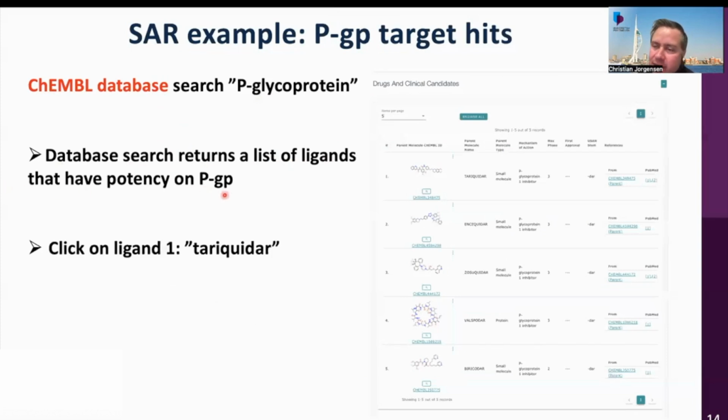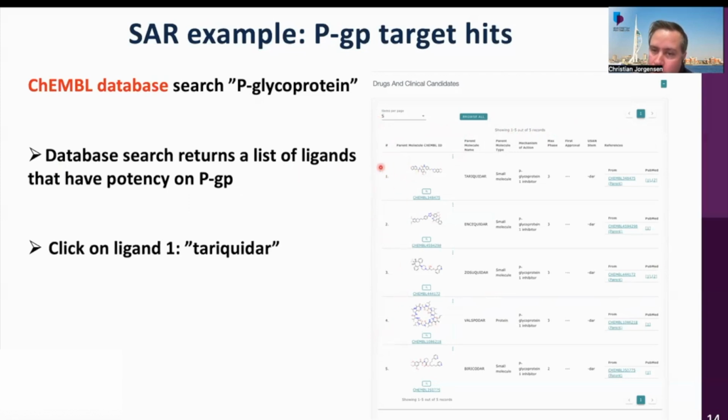the database search returns a list of ligands that have potency in PGP. And we haven't looked at the ligands yet. And so let's first look at this page. So you can see here we have a certain number of records. We can increase how many records there are, but it's going to give us the ligands by potency, which is really nice.